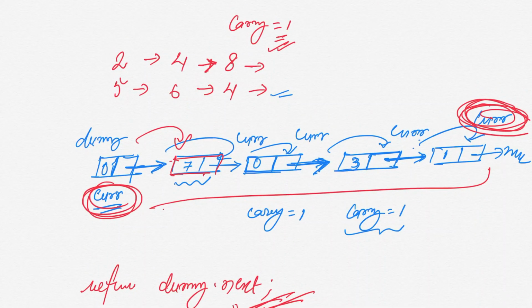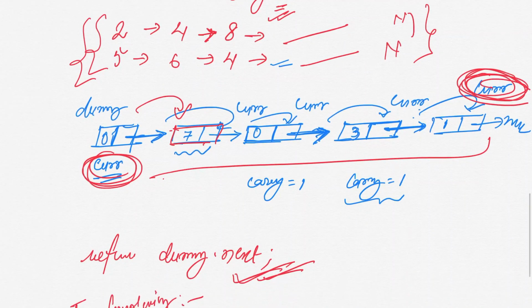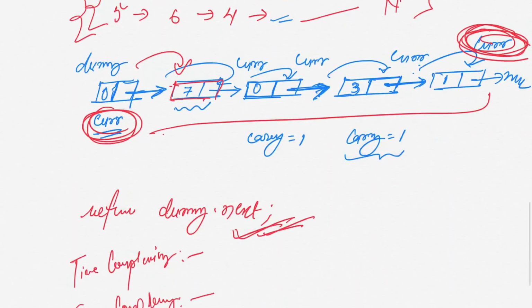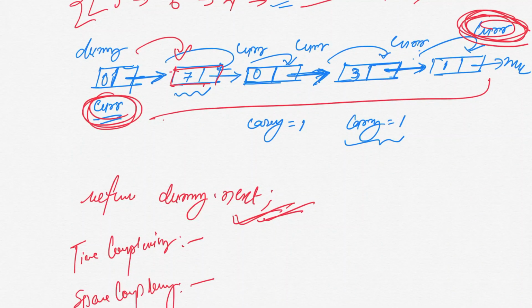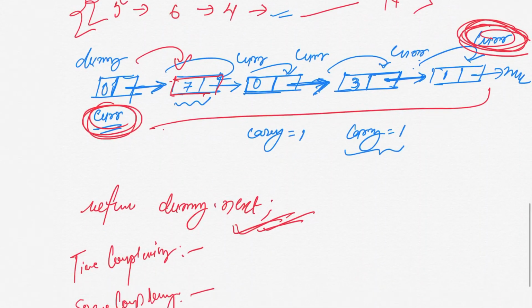So here if you see, if the size of L1 is n, and the size of L2 is m, and we are trying to loop over them. So take another example. Then what could be the time complexity in this case?